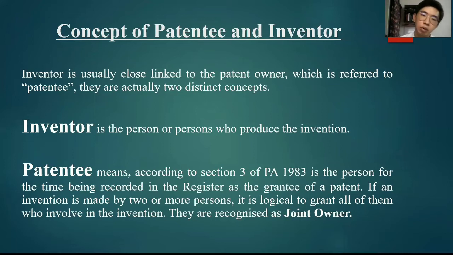Inventor is the person who produced the invention, but the patentee, according to Section 3 of the Patent Act, is the person who registered the invention. If there is more than one person, 2 or more persons who make the invention, they are recognized as joint owners of the patent.